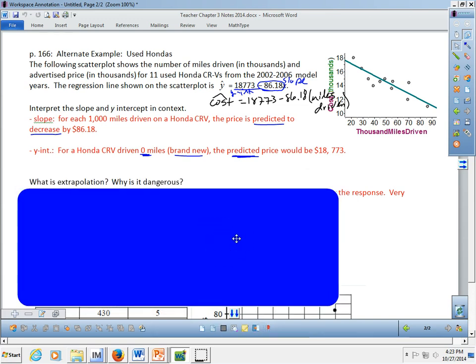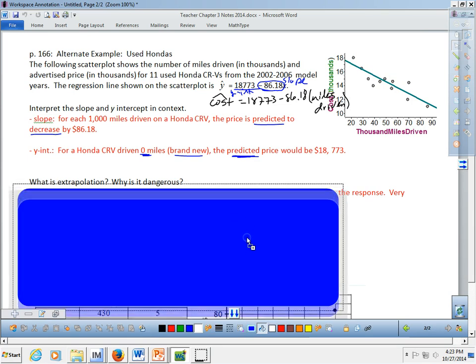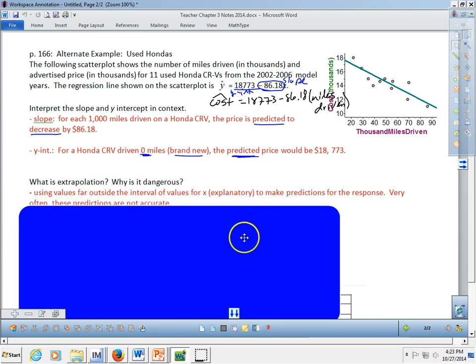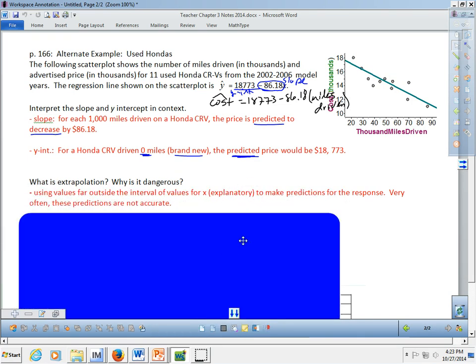Okay? And then the last question here, what is extrapolation? And why is it dangerous? Okay? Extrapolation simply means this. It means that if we're going to extrapolate, we're using values far outside the interval of values for x, for our explanatory variable, to make predictions for the response.